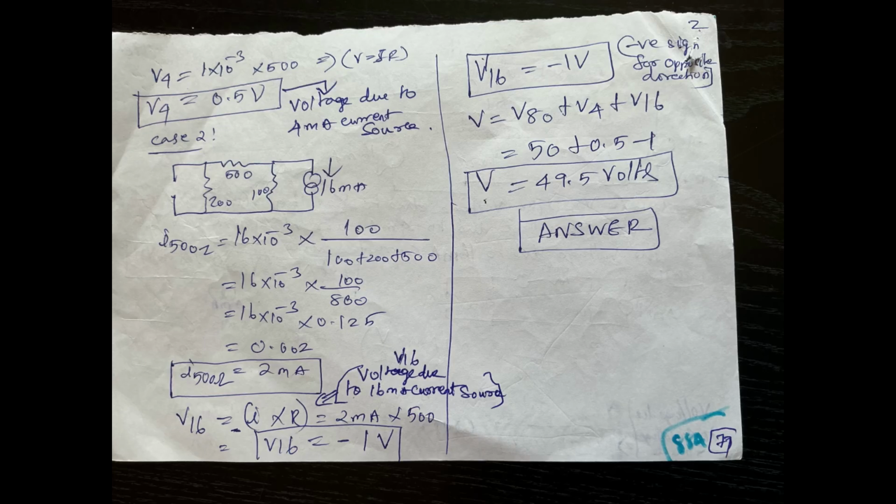The superposition theorem states that the output response produced by a number of sources simultaneously is simply equal to the sum of the responses produced by each of the sources acting separately.